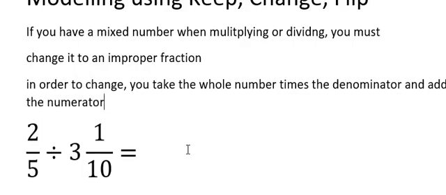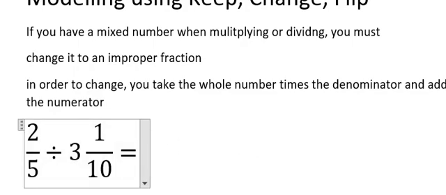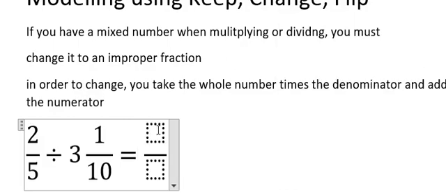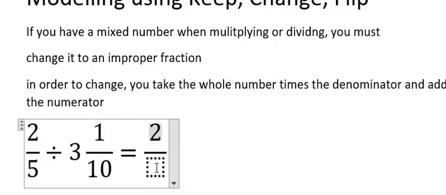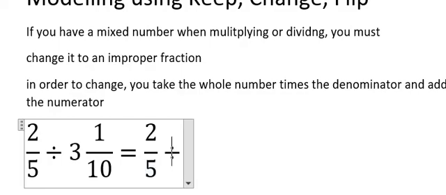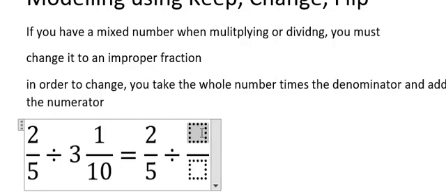Okay, so I'm going to show you what I mean. We're going to keep the first one the same, and I'm just going to write it as is so you can see the steps as I go through. So it's going to be 2/5 stays here. Then I'm going to keep my division sign.